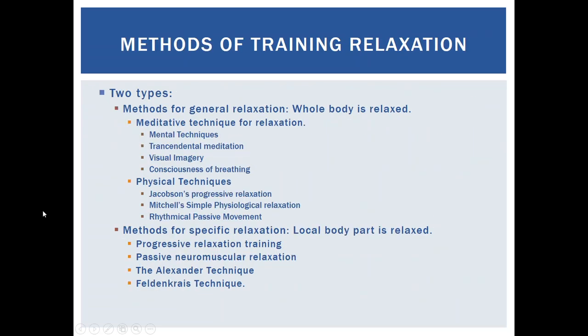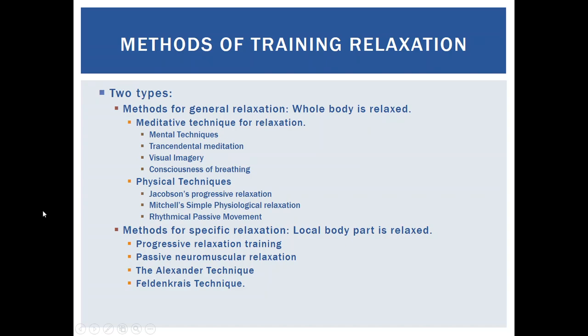Now, relaxation training can be of two types. It is the method for general relaxation, where the whole body is concentrated upon and relaxed, and then the methods for specific relaxation, where a certain part of the body is relaxed.